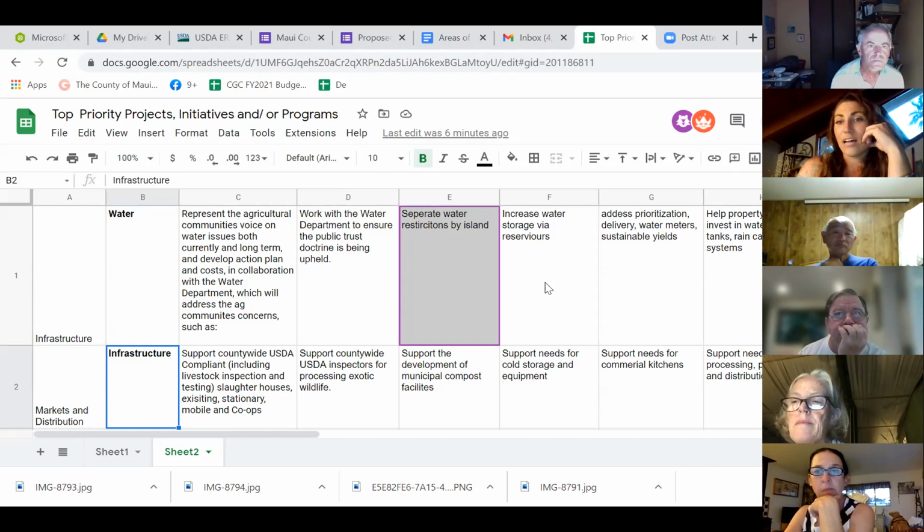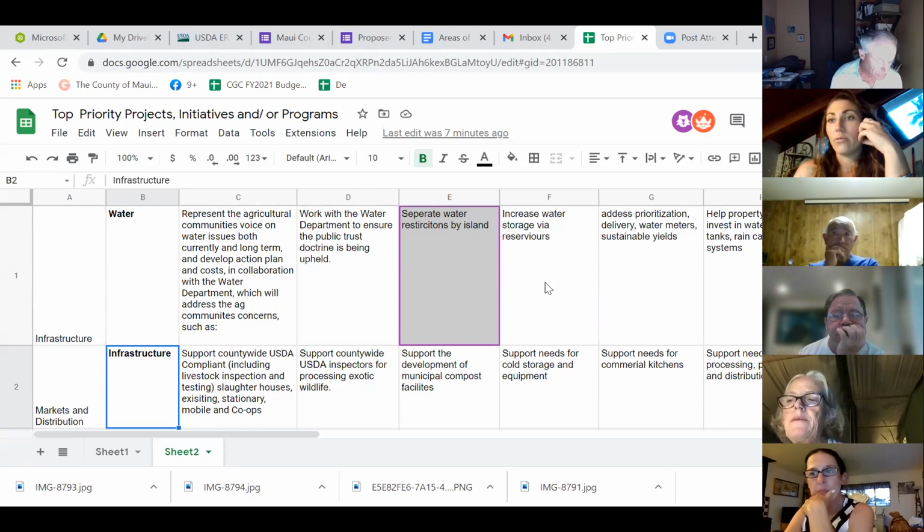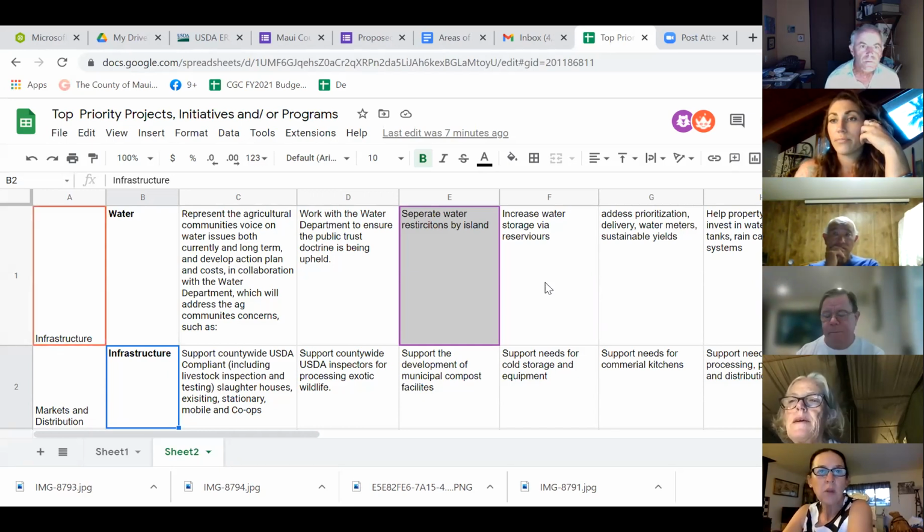So I think utilizing diversion water and surface water any way we can, including storage and reservoirs, is probably the better way to go from a long-term standpoint than just drilling more wells to get more water, because the more wells you have, the harder it is to track where you're at with your groundwater levels too. But that's just my opinion. I don't know what you guys think.